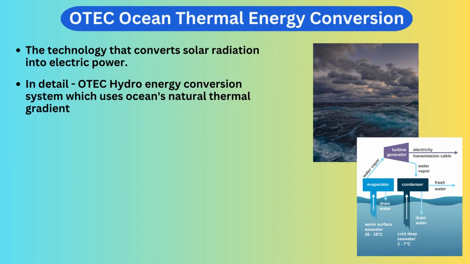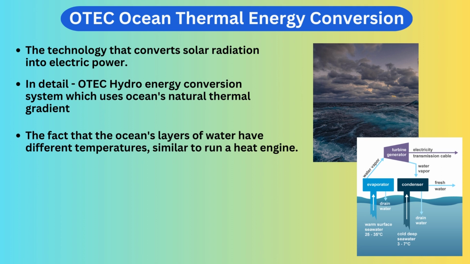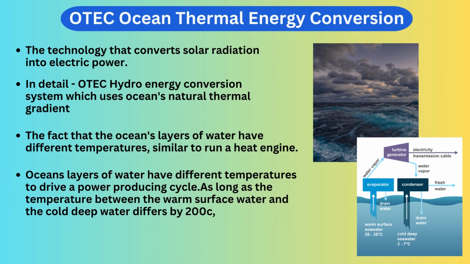Ocean thermal energy conversion uses the ocean's natural thermal gradient. The fact is that the ocean's layers of water have different temperatures, which can be used to run a heat engine. So the layers of water in the oceans have different temperatures to drive a power-producing cycle, as long as the temperature between the warm surface water and cold water differs by 20 degrees centigrade.